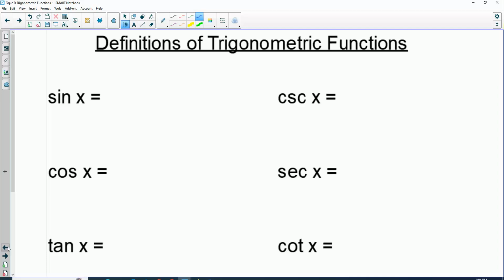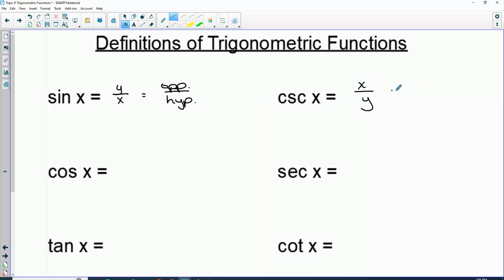Alright. So our definitions. What's the definition of sine? Y over r. If you're thinking about SOHCAHTOA, you can think opposite over hypotenuse. We defined it both ways. And cosecant is the reciprocal.